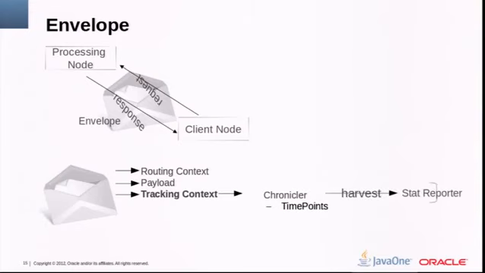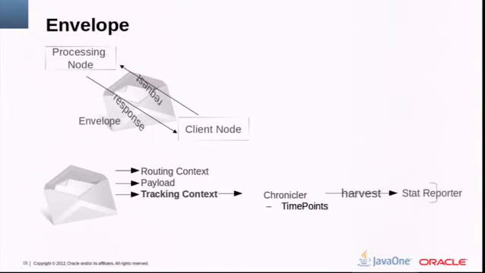We harvest that information on the client when the response comes back, and we introduce a concept of a statistical reporter that can harvest that kind of data. So in a simplistic approach, we introduce a concept of tracking context that flows through an envelope.